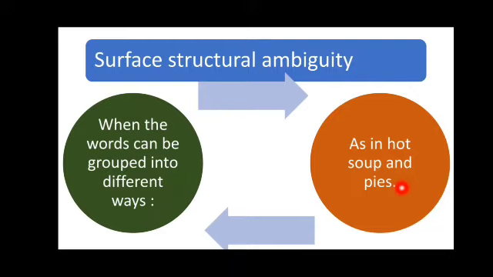Or somebody can perceive that both are old. So you are grouping the words in such a way which gives rise to ambiguity, and that is surface structural ambiguity, right?